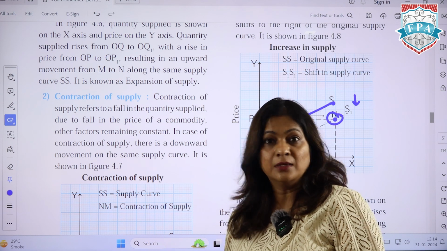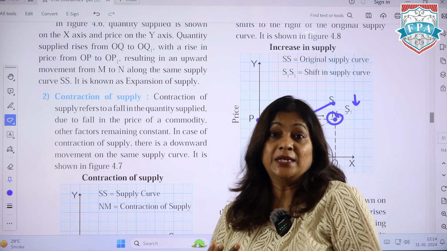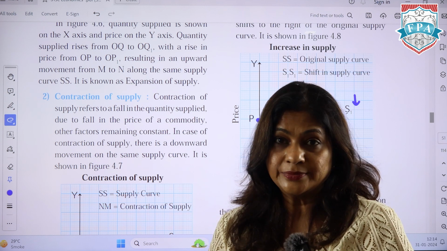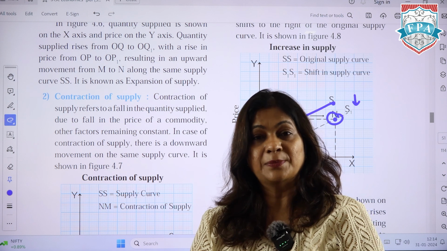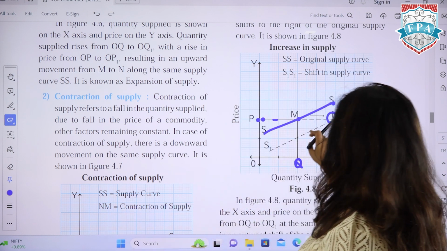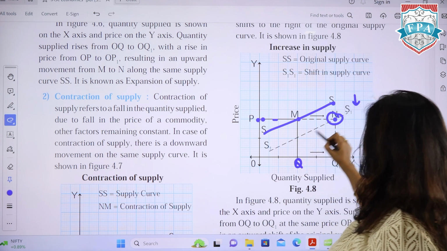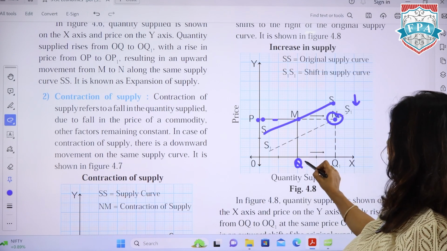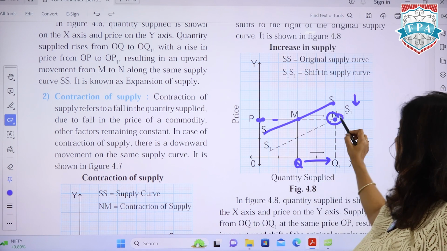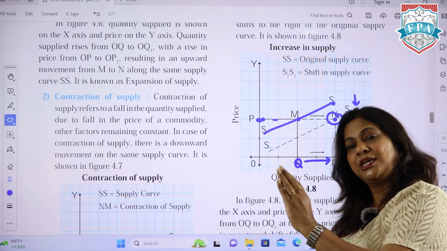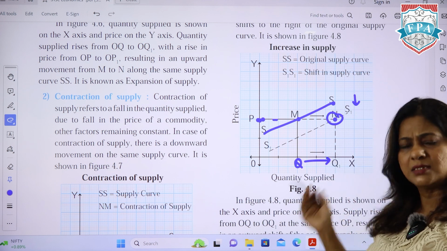Cost of production is going lower, then you can actually manufacture more product, right? At the same price, so your supply will increase, right? Your supply is going to increase. Here, look at it, the quantity supplied has increased from Q to Q1. How did it happen? Price has not changed but quantity has changed. This is increase.